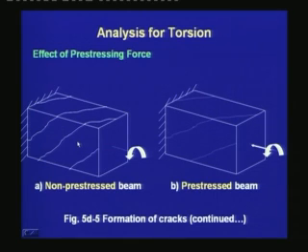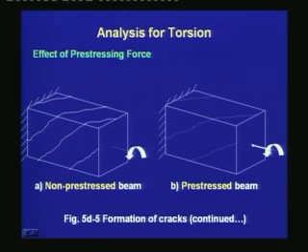As the torque is increased, the cracks open up, the steel bars take stress, and after the yielding of the steel bars, the cracks further increase and the length of the beam gets increased.